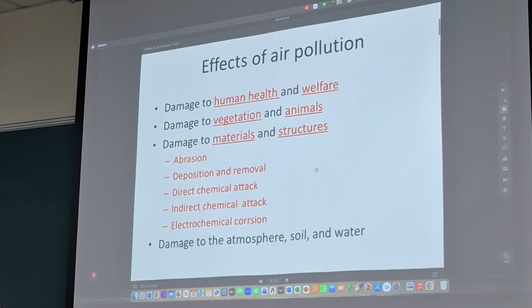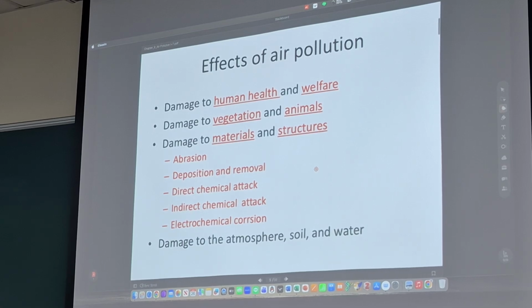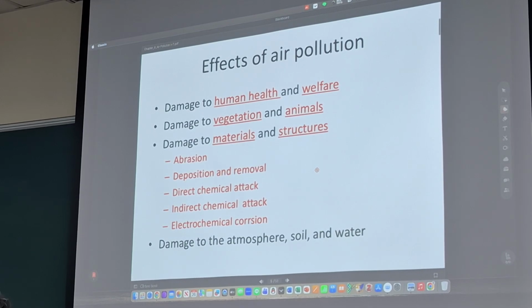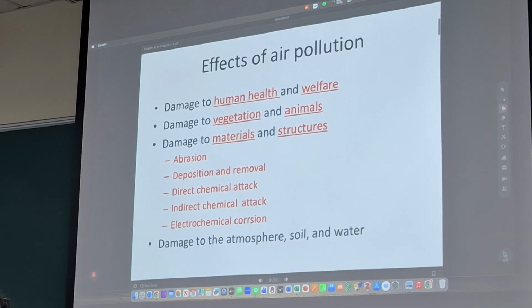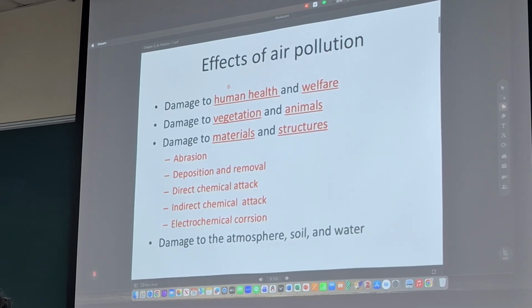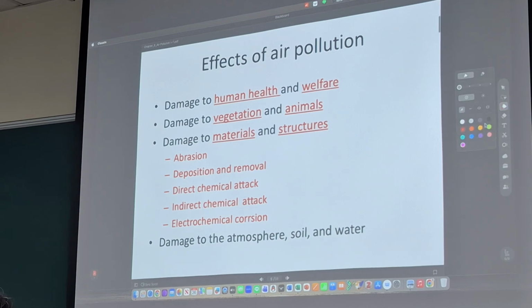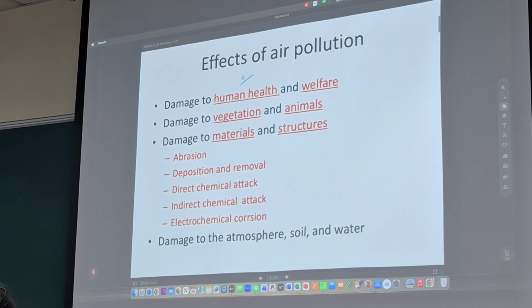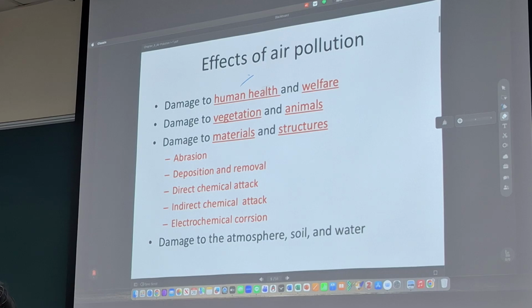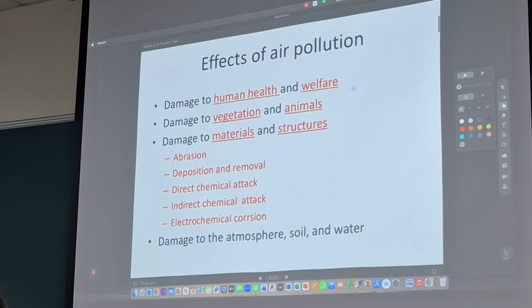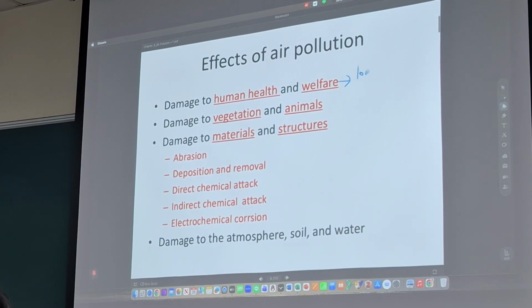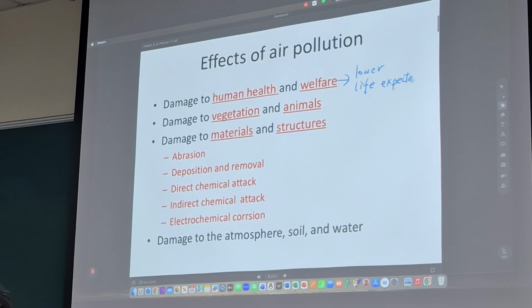So the effects of air pollution include damage to human health and welfare, as I mentioned, the diseases. It lowers life expectancy.